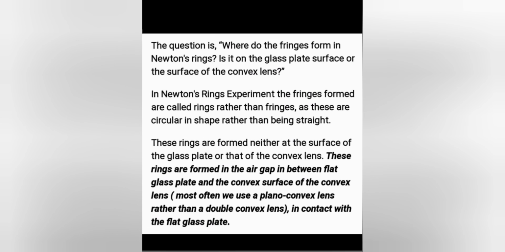These rings are formed neither at the surface of the glass plate nor that of the convex lens. These rings are formed in the air gap in between the flat glass plate and the convex surface of the convex lens. Most often we use a plano-convex lens rather than a double convex lens in contact with the flat glass plate.